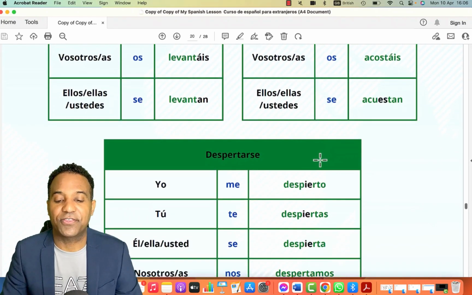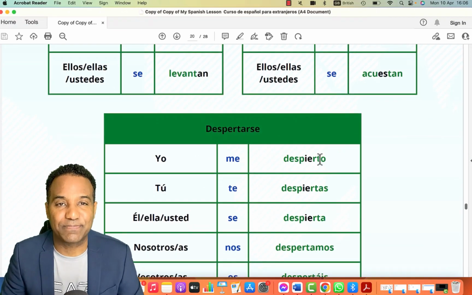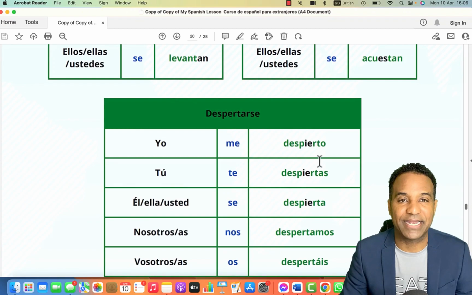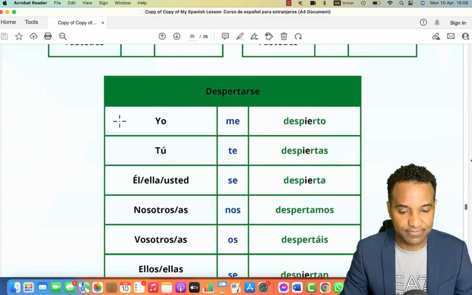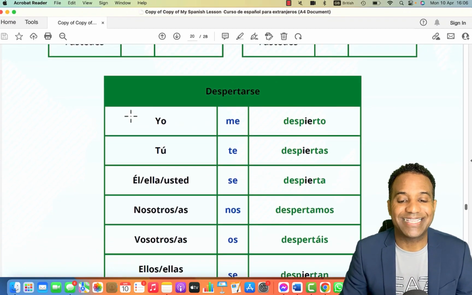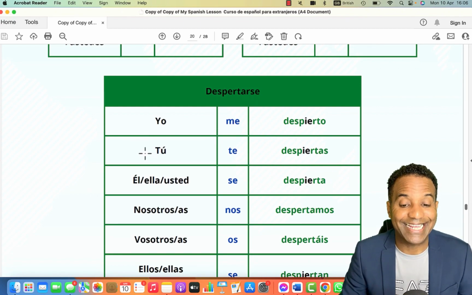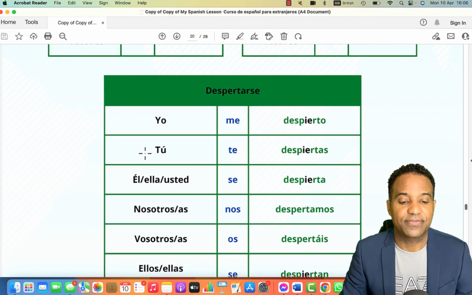Let's go now with the third verb. Despertarse, to wake up. Yo me despierto. Also irregular, you can see here the irregularity. Tú te despiertas.